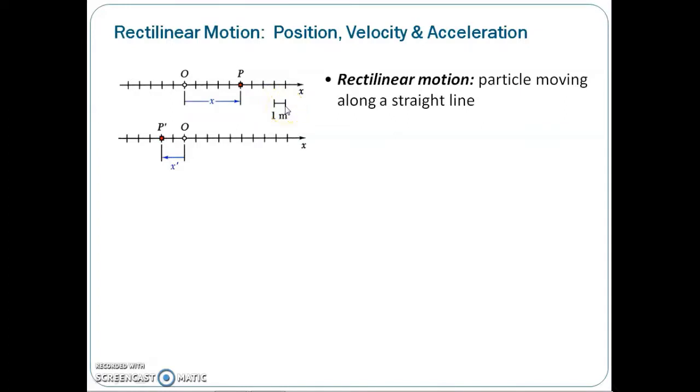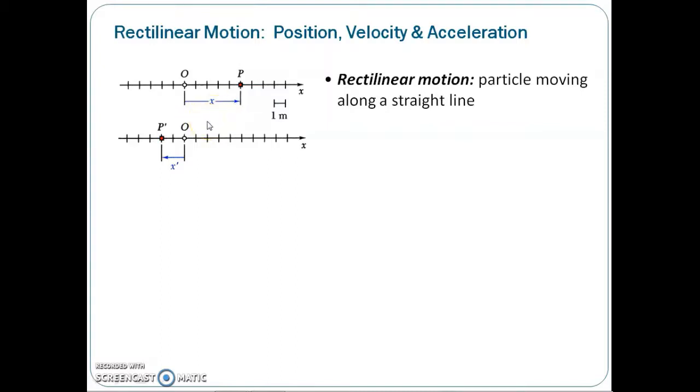Here, we measure the distance x from O to P and record it with a plus or minus sign, according to whether P is reached from O by moving along the line in the positive or negative direction.